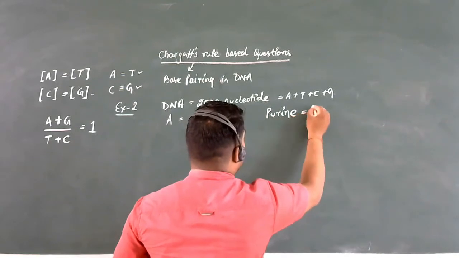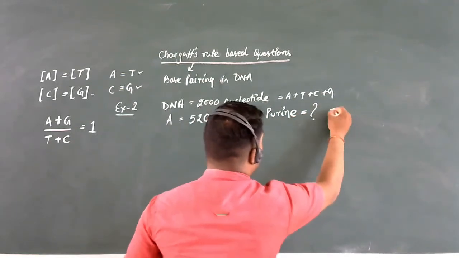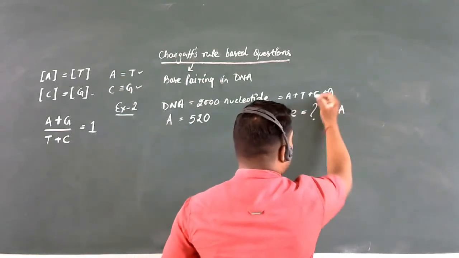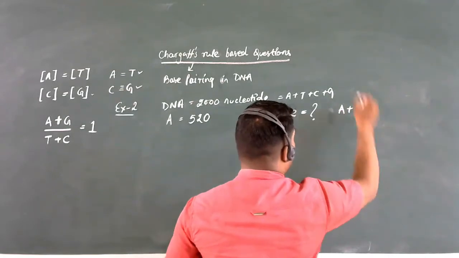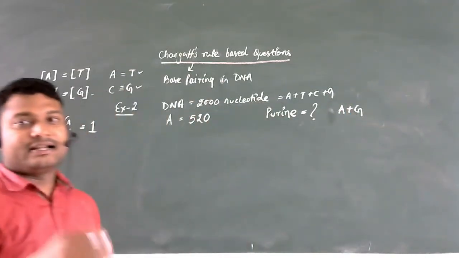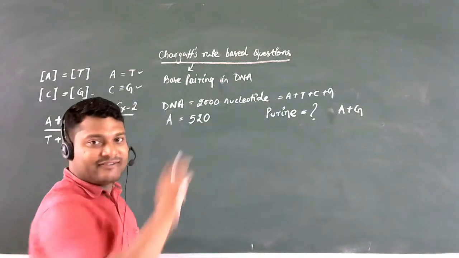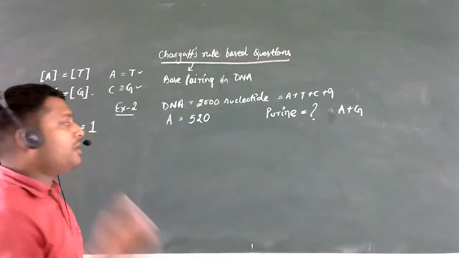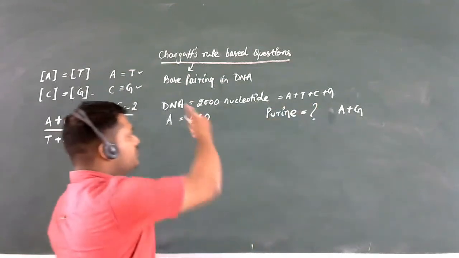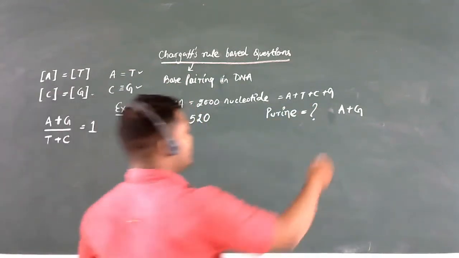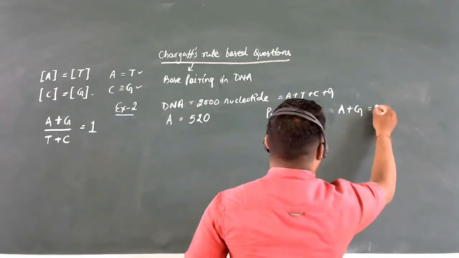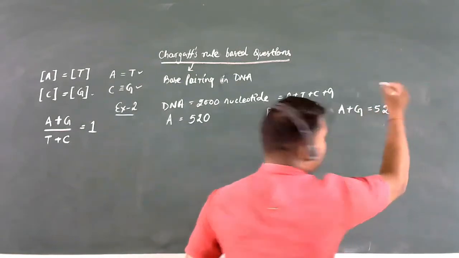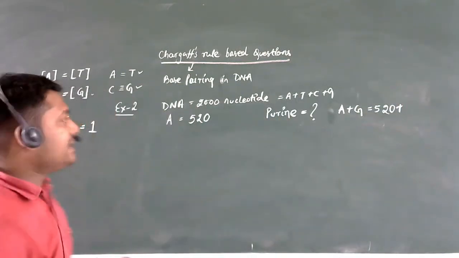Okay, purine they're asking. So we all know purine is going to be adenine plus guanine. So to identify the amount of purine bases, we need the value of A and the value of G. The A value is already given, that is 520. So you have to find the value of G to get the answer here.